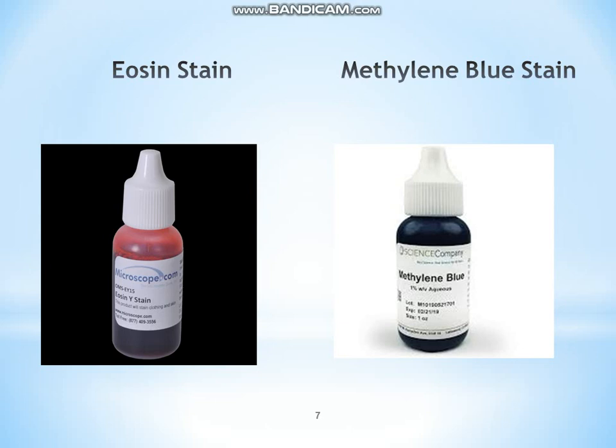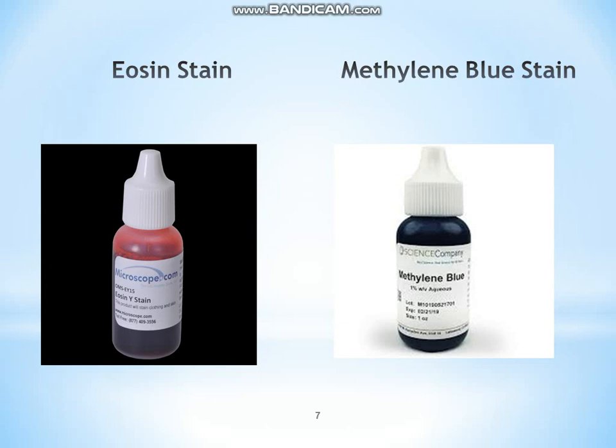Now, these 5 types of white blood cells may be further differentiated on the basis of the morphology of the nucleus, or on the basis of the staining properties of the granules that are present in the cytoplasm.